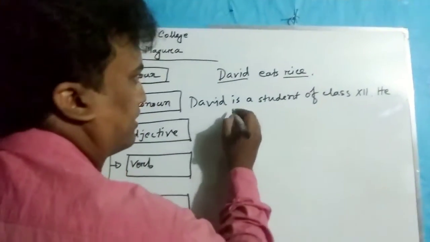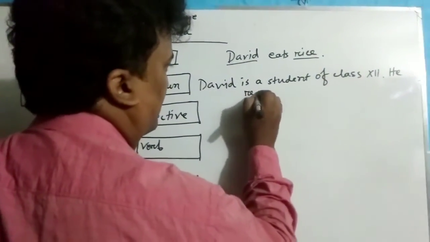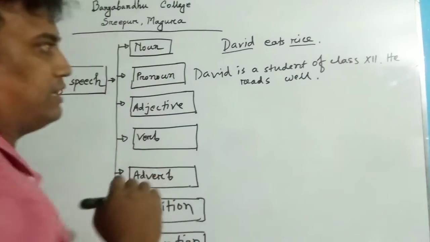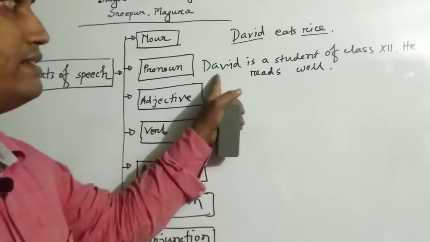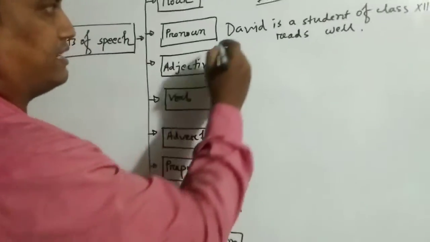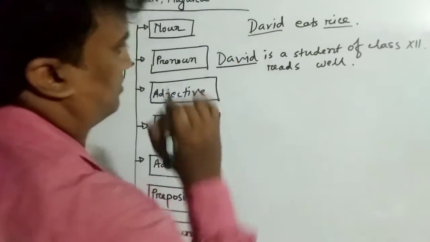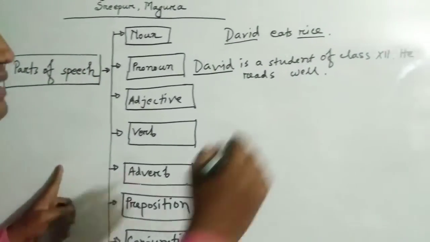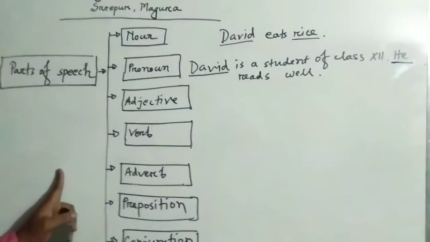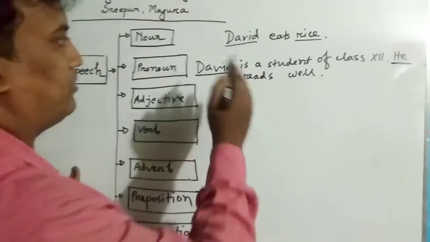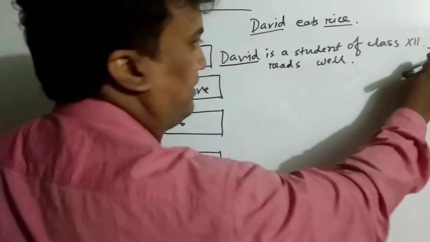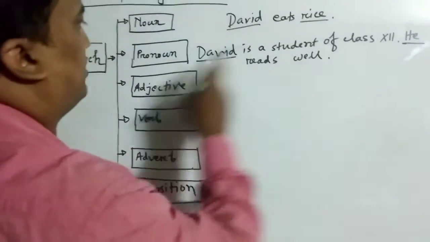He reads well. You see, there are two sentences in these lines. In this sentence, David is the noun, and the word he is used as the alternative word of David. So he is the example of pronoun.